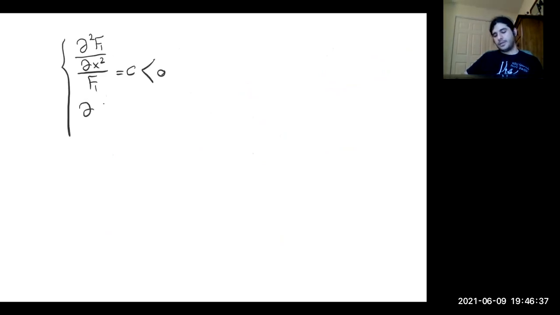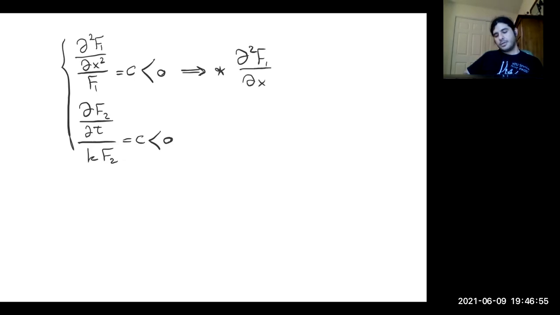And the derivative of f2 with respect to t over k f2 is this constant, which again, we are assuming is negative. So we get two equations. One equation is this one, and the other equation is this one.